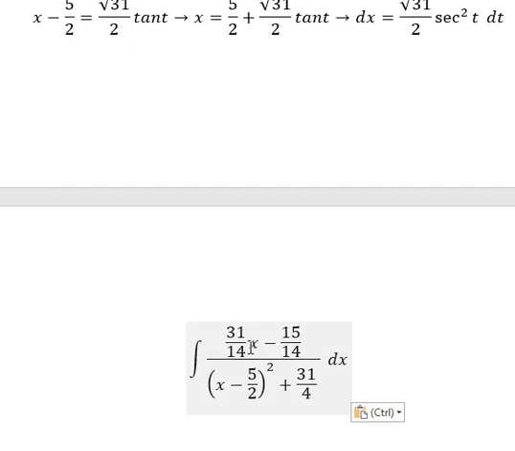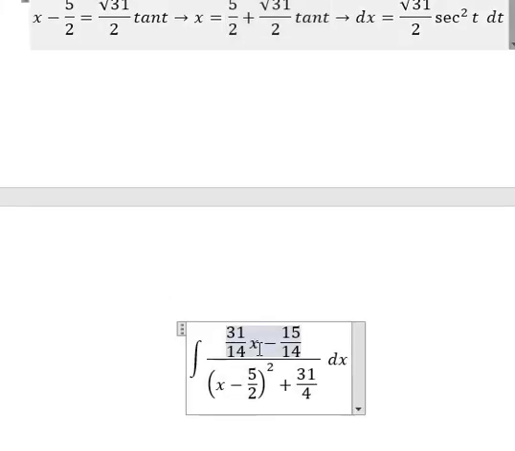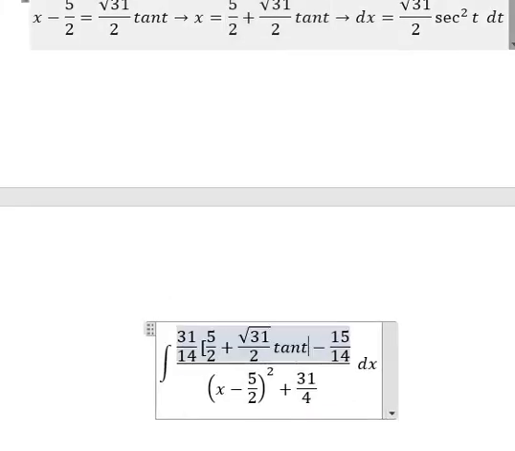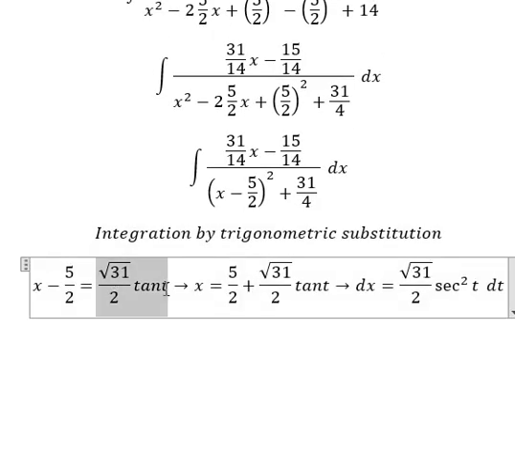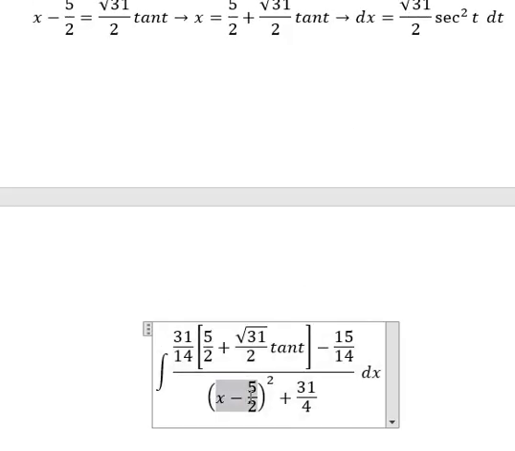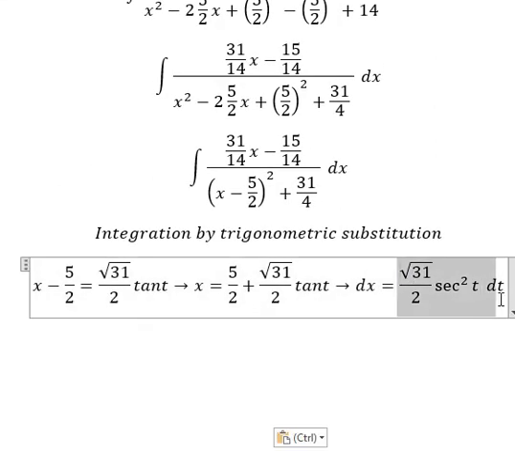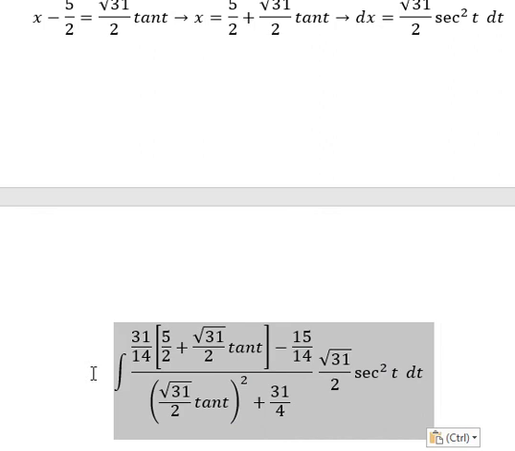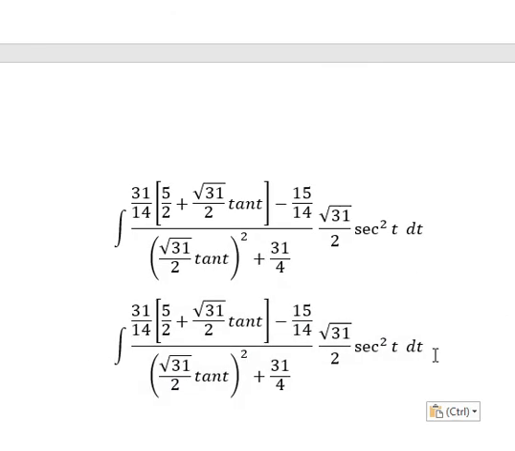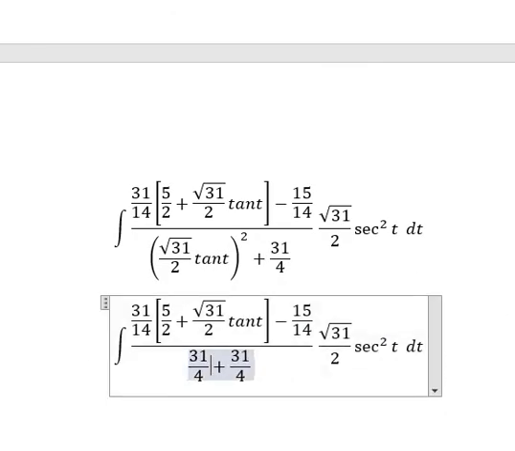So about s, we change by this one. This one we change by this one. ds we change by this one. So this one we have 31 over 4 tan t square.